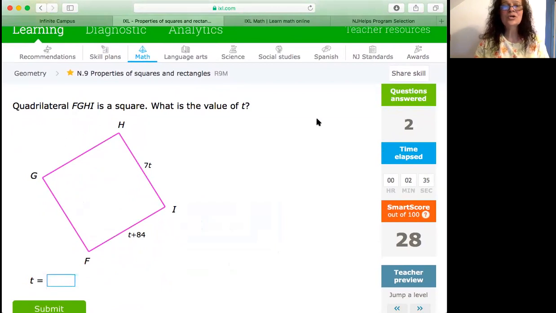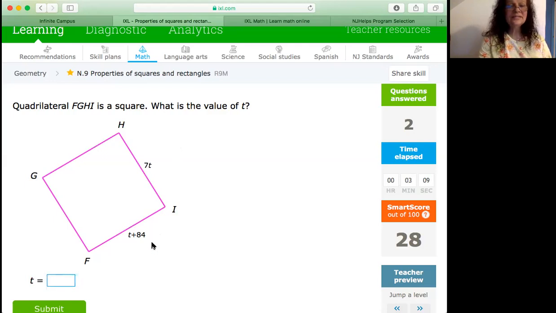Quadrilateral FGHI is a square. What is the value of T? Okay, what do you know about these sides of the square? They are all congruent. That can help me set an equation: 70 equals T plus 84.